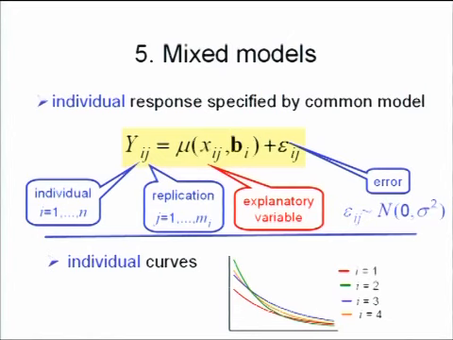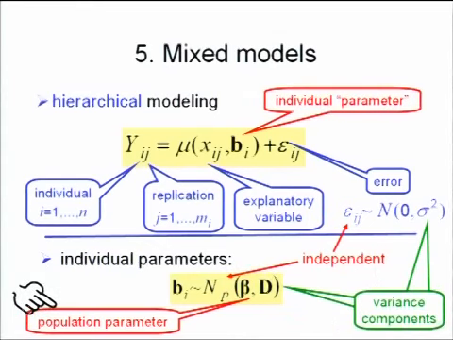So if we look at this exponential, each individual has a different curve, and usually we assume something like normality. So here individual parameters are normally distributed, so the error terms should be normal, to keep things as simple as possible in the hope that normal is normal. And we are interested in the population parameters. We might also be interested in the variance components, but this is still more difficult.